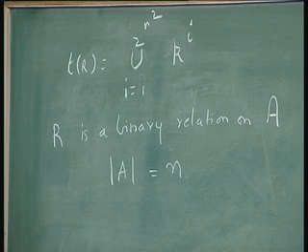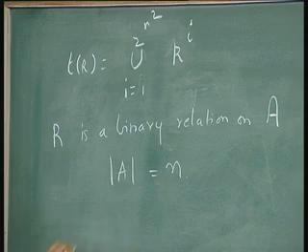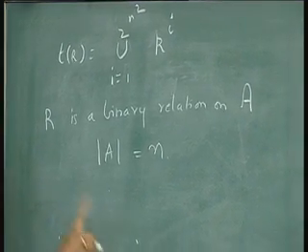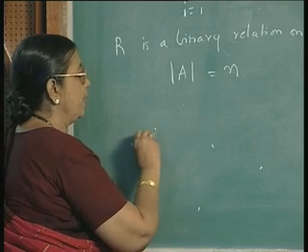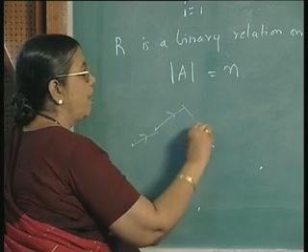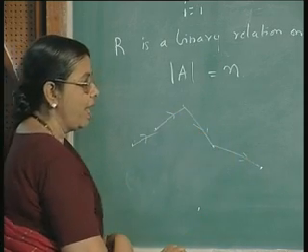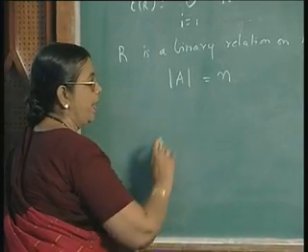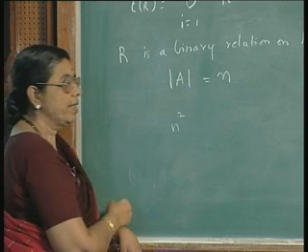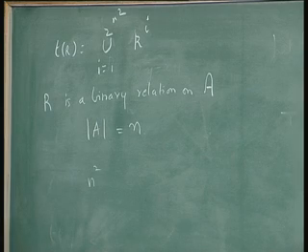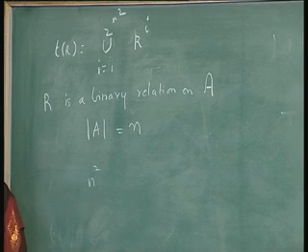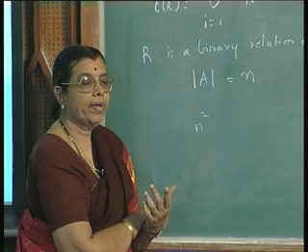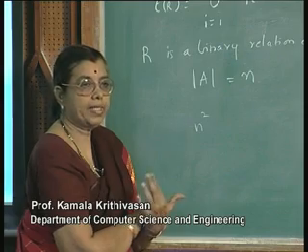Earlier we have seen that with n elements, you have a graph. If it is a relation, the ordered pairs will be represented by arcs. So you can have a maximum of n squared arcs in such a graph, that is, the maximum number of ordered pairs in a relation is n squared, and in any relation each one of the pairs may be present or not present.